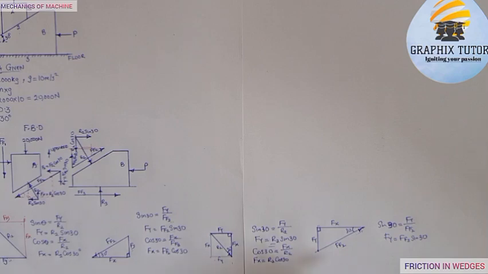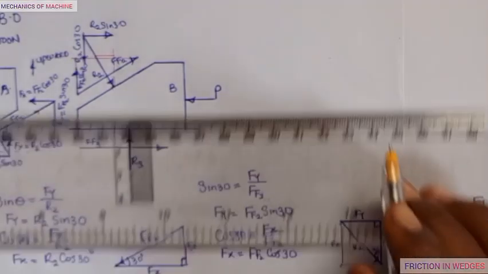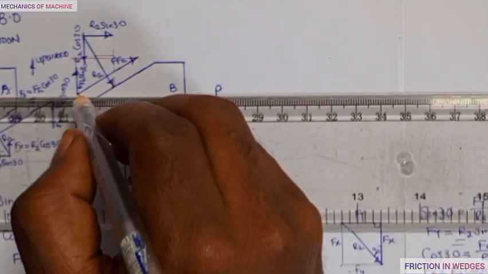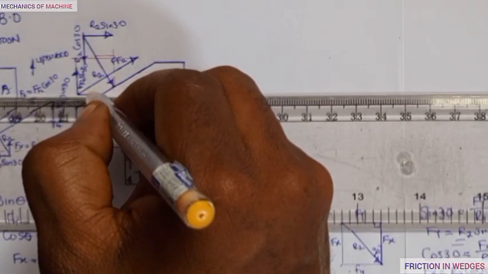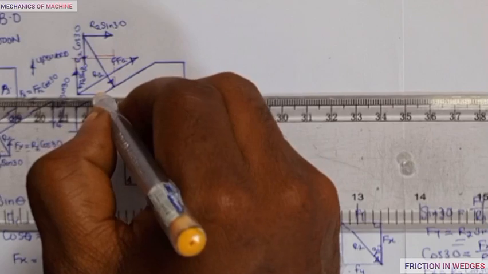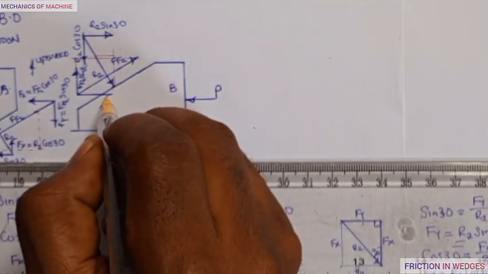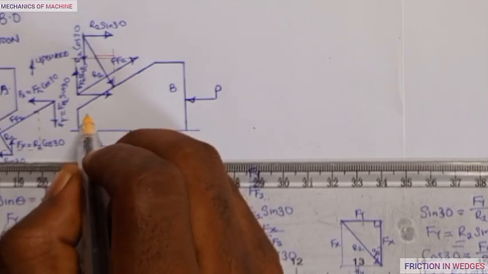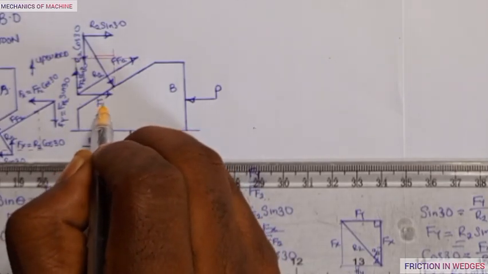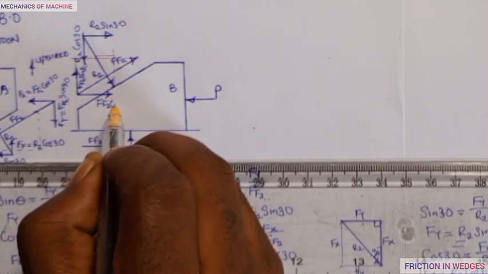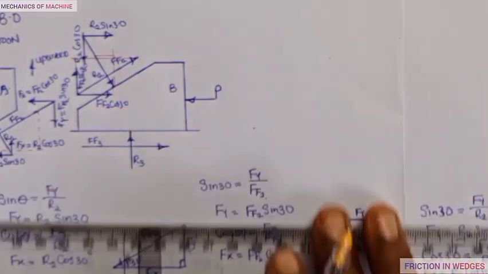And the other one, I told you, can also be here this way too. If I do this way, here will also be my fx. All good? So this is my fx, and that will be Ff2 cos 30. You can see that?